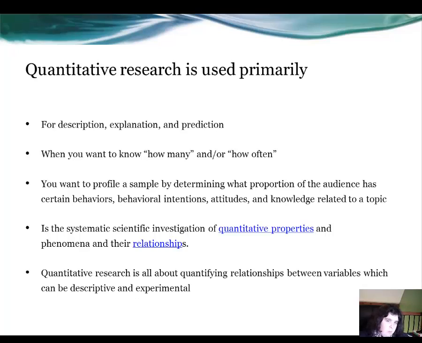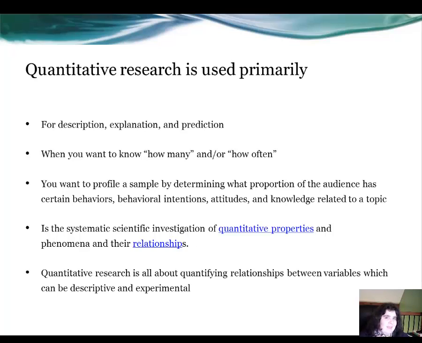As point 2 presents there, quantitative research is primarily used when you want to know how many and or how often. And for those answers, you need to use a quantitative approach. It is also the investigation of quantitative properties and phenomena, and the relationship between the variables.